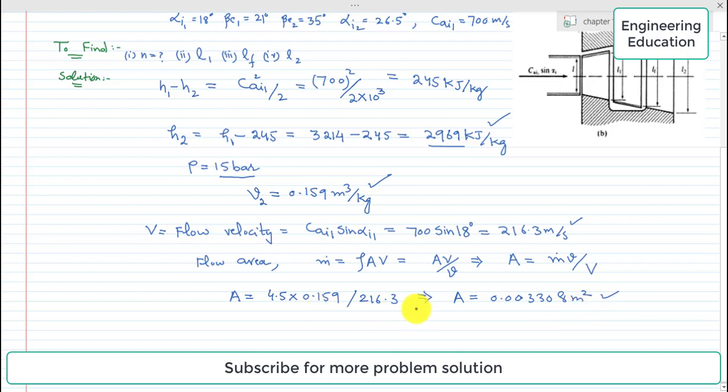Also, we are interested in part 1 to find the value of N, that is the length of arc occupied by the nozzles. So this flow area is further equal to NL, where N is the length of the arc and L is the nozzle height, which is 25 millimeter.